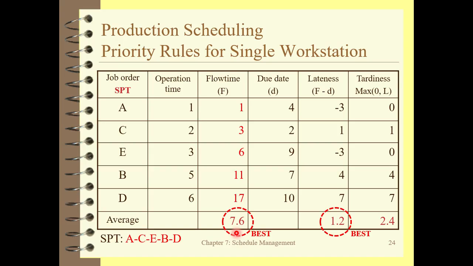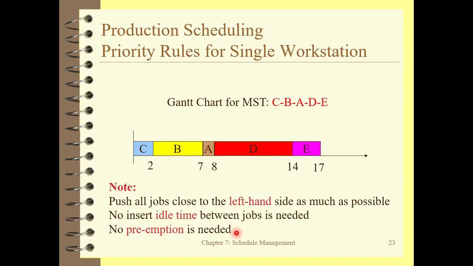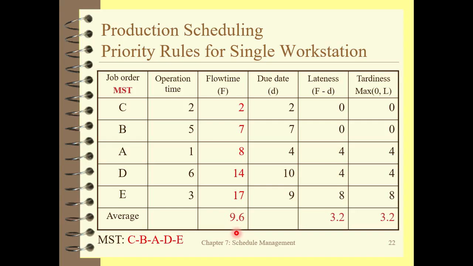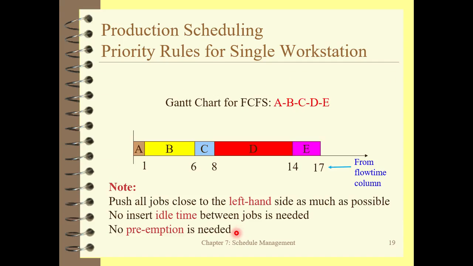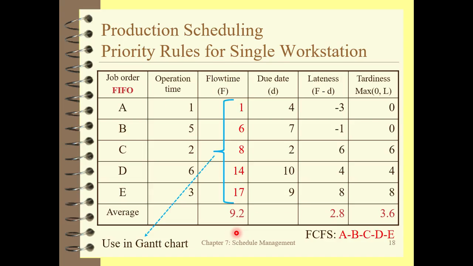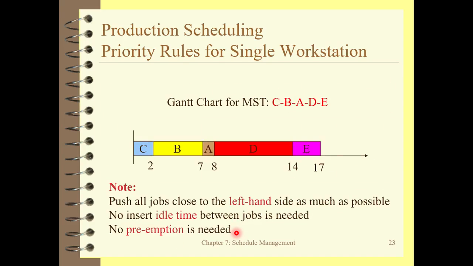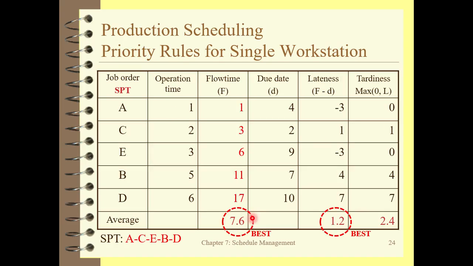For SPT, you got 7.6, MST 9.6, EDD 8.2, and FIFO you got 9.2. So in this case, which one is the best? SPT, right? SPT is the best.